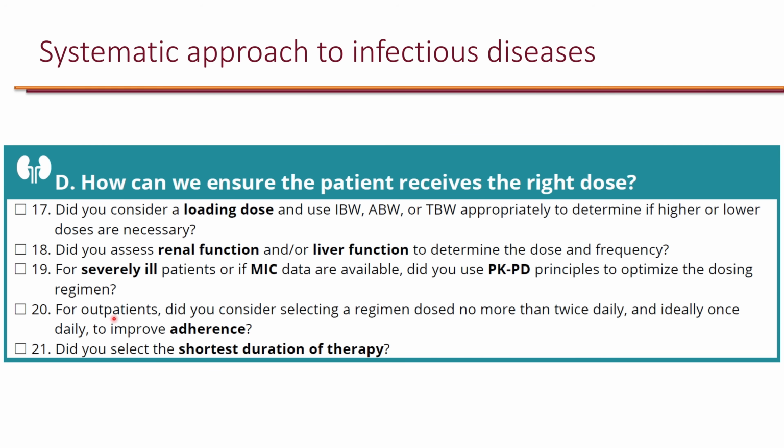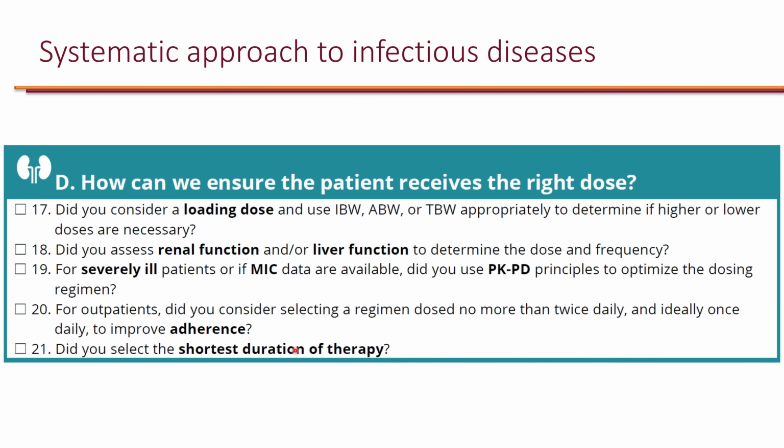For outpatients, you want to make sure you increase adherence. In general, it's hard to improve adherence if you give the drug more than twice a day. Ideally, once a day is best for adherence, but twice a day sometimes is difficult to avoid. But anytime you have the option between twice a day and 3 times a day, or worse, 4 times a day, you really want to do twice daily to improve adherence.